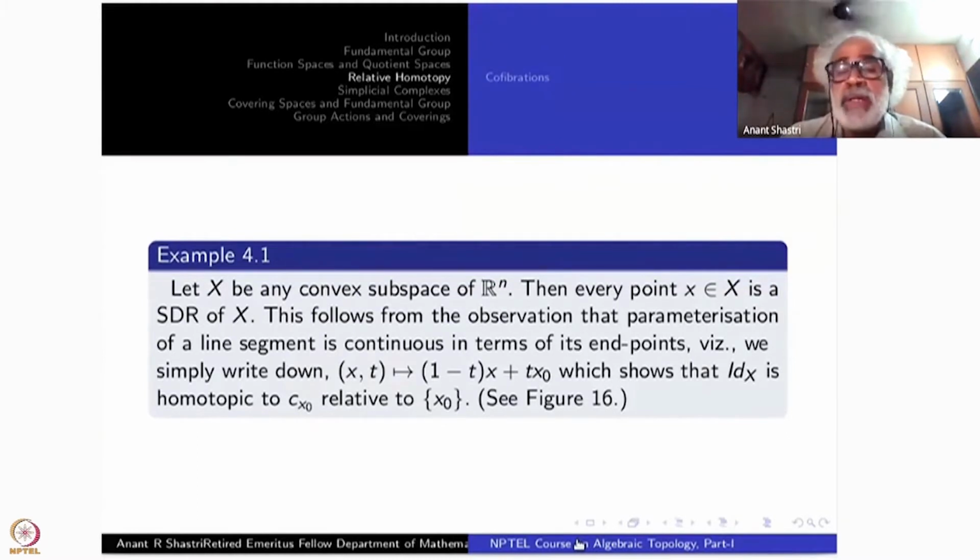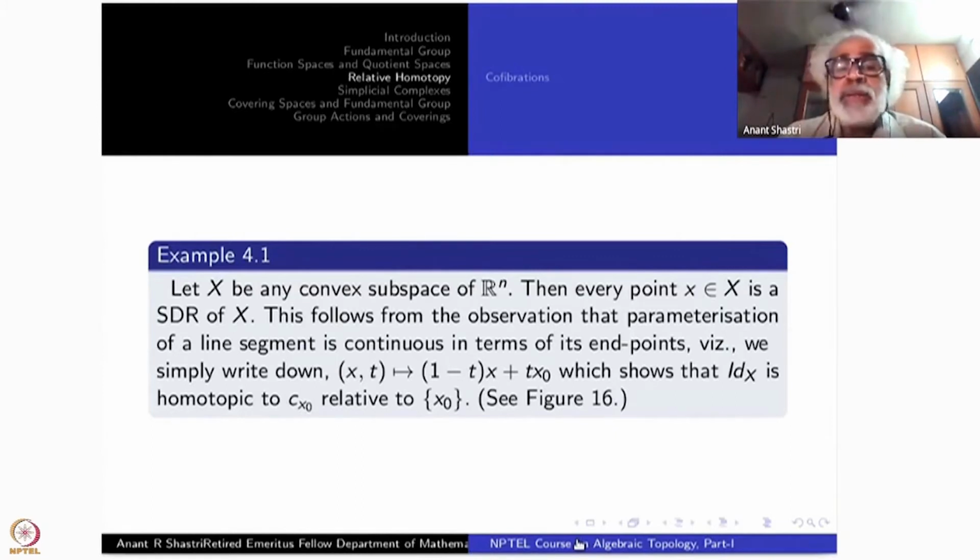When t equals 1, it is x naught. If you take (x naught, t), it is always x naught, no matter what t is. That is the meaning of x naught never moves. Therefore, this homotopy is already relative to x naught.